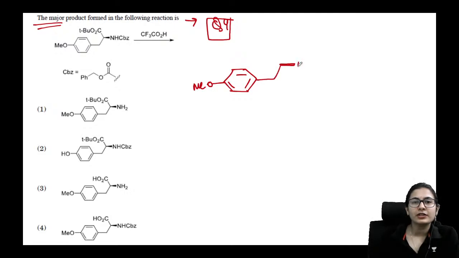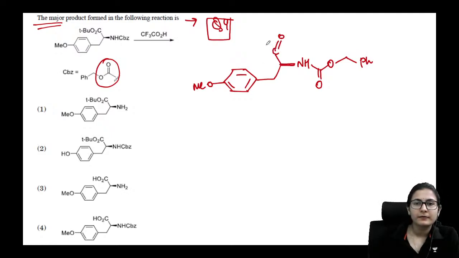It's also mentioned how the CBZ is going to look. What is CBZ? It is a carbamate. It is also a carbamate. So let's write the carbamate over here. CH2Ph and a tertiary butyl group like this. Okay. So what's going to happen, guys?